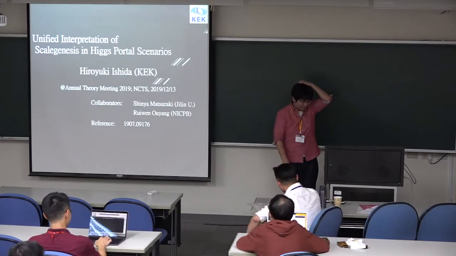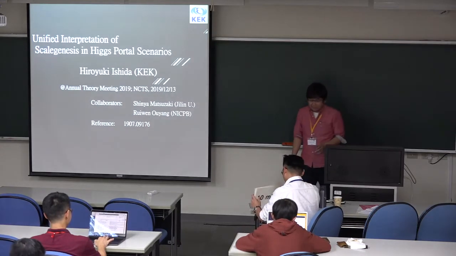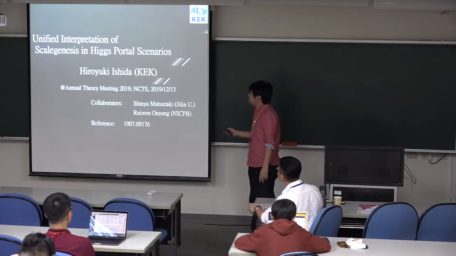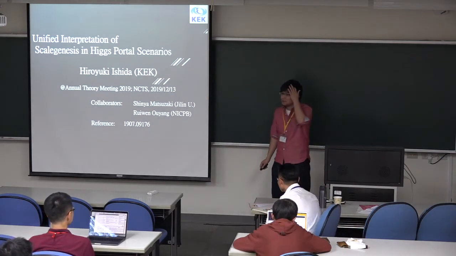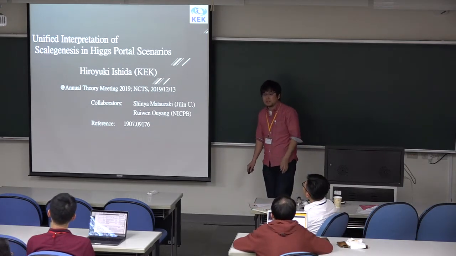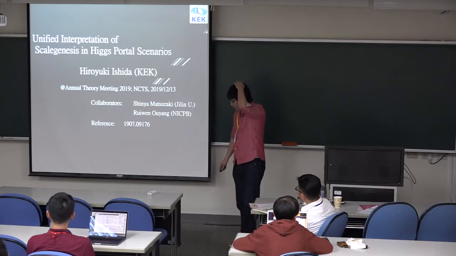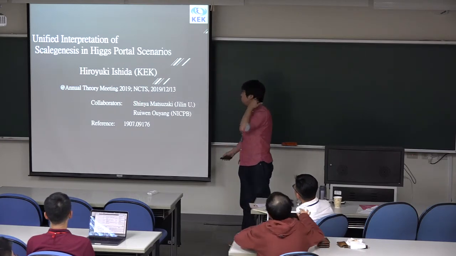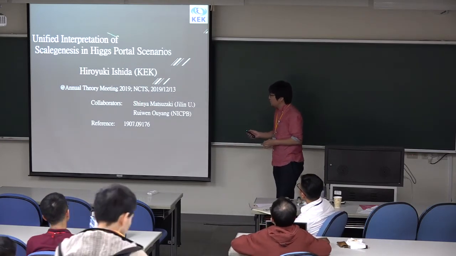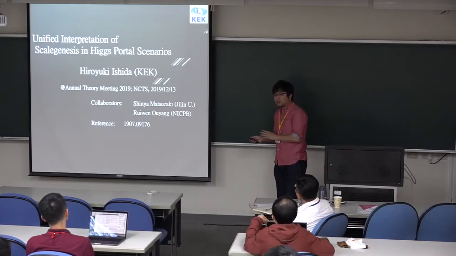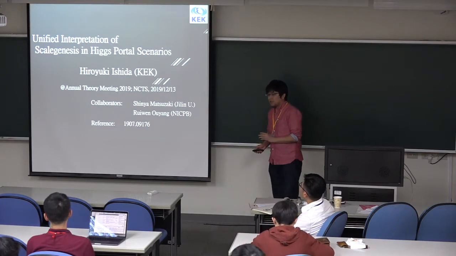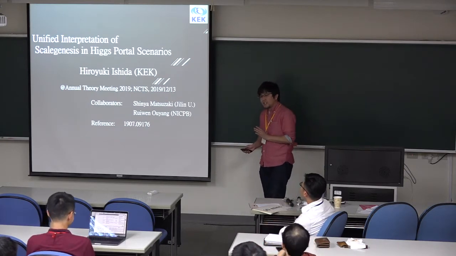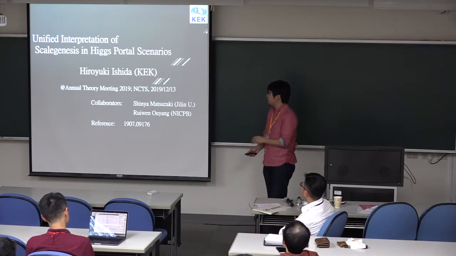Sorry for being late. Anyway, today I'd like to talk about something related to the Higgs boson scenario, which you have already listened to several times, even during these workshops. Today I'd like to give you some unified interpretation for those kinds of models, along with some specific direction. And also, I'd like to give you some new insight for the origin of the electroweak scale.